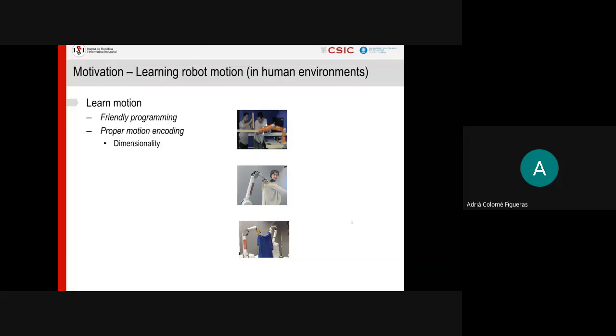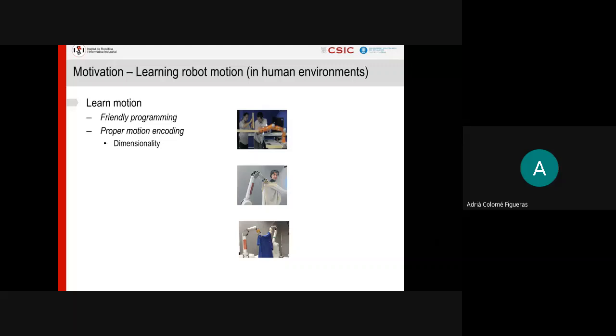The thing is, how can we encode robot motion in a way that is suitable, from a mathematical perspective, to encode data properly, to allow for changes, and also talking about dimensions. So having mathematical models that are not overfitting in some ways, because if we overfit, then we will have problems with our models.